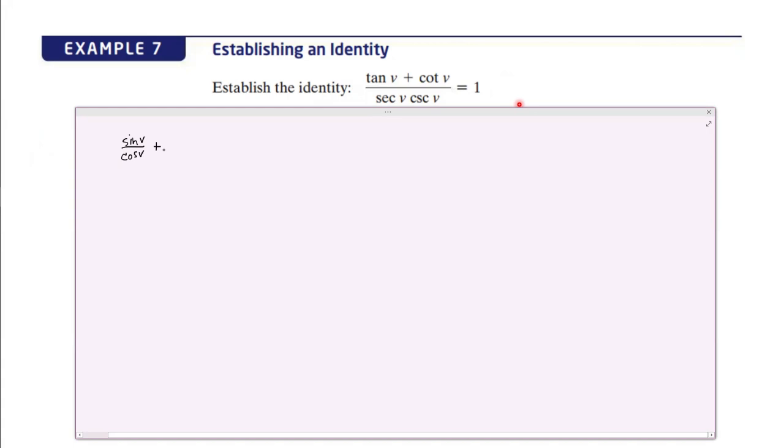And for the cotangent v, we're going to rewrite it as cosine v over sine v. Down here, secant v is going to be 1 over cosine v times cosecant v, which is 1 over sine v.